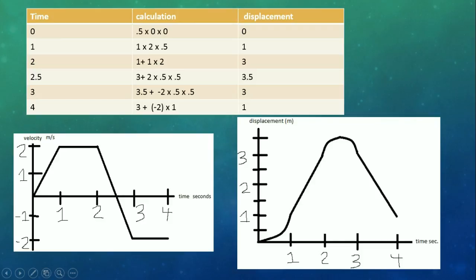So 1/2 times 2 times 1/2, the area of a triangle right here, plus 3. So 3 was the displacement before here. Gives us 3.5. So I plot that 3.5. Then I draw an upward curve because the object is slowing down, so it's not moving as rapidly, so it's gonna slow down and have an upward curve like this.